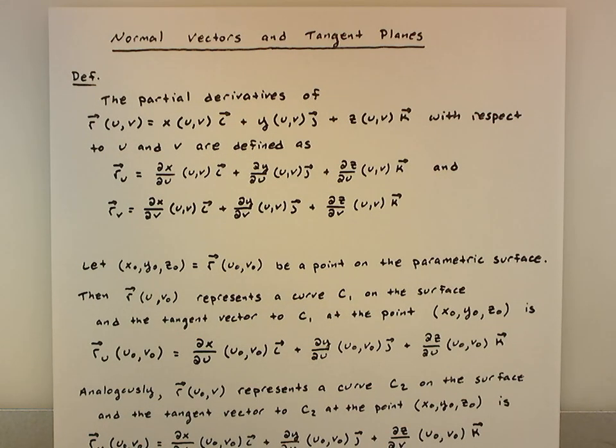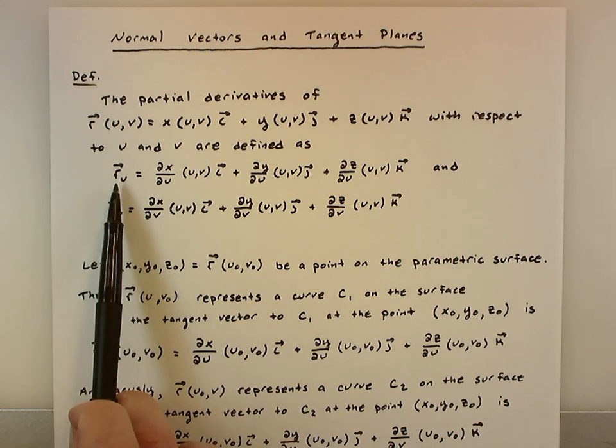Normal vectors and tangent planes. So, definition: the partial derivatives of r of u, v equals x in the i direction plus y in the j direction plus z in the k direction, with respect to u and v, are defined as follows.